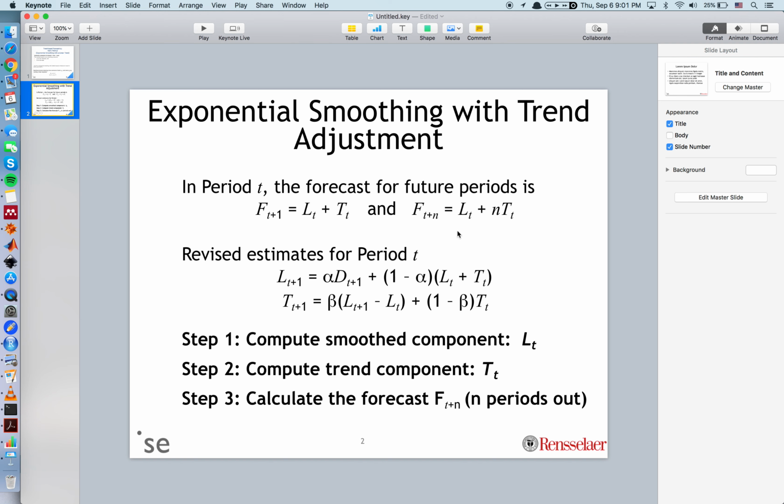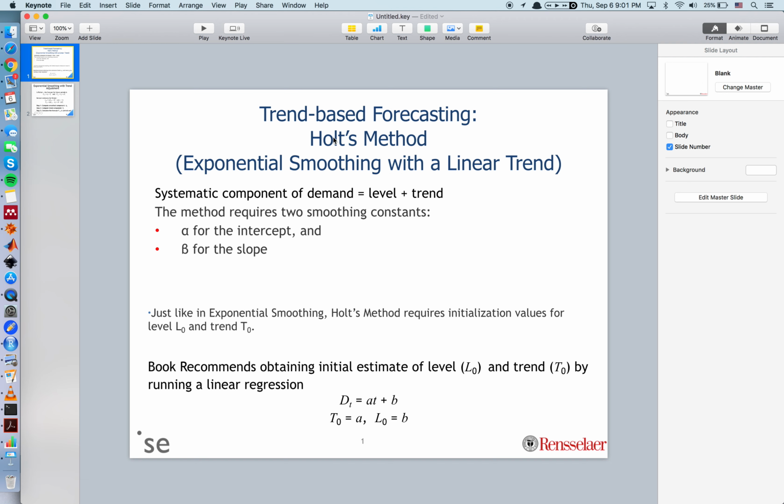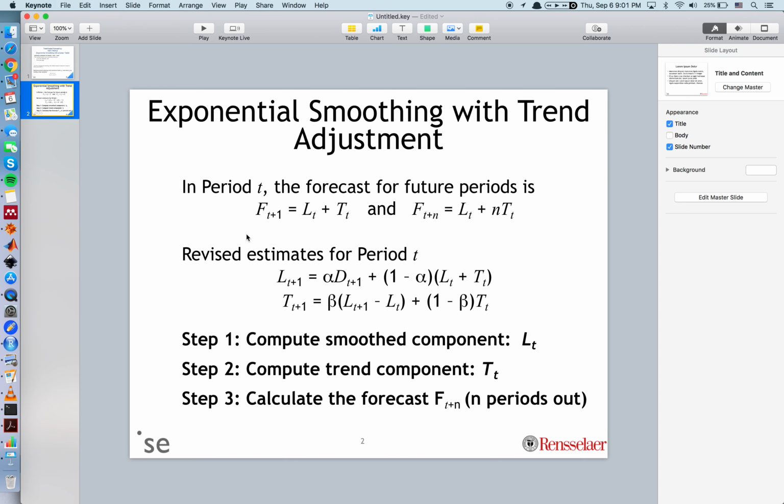So this is for exponential smoothing with a linear trend, but Holt's method specifically tells you how to estimate the level and the trend. So this is where Holt's method comes into play. It tells you, okay, what we did before to estimate the level as a weighted sum of our data was a good idea, a weighted sum that decays further into the past.